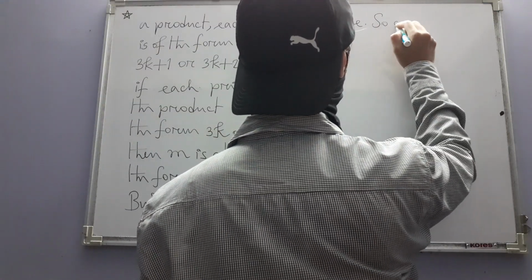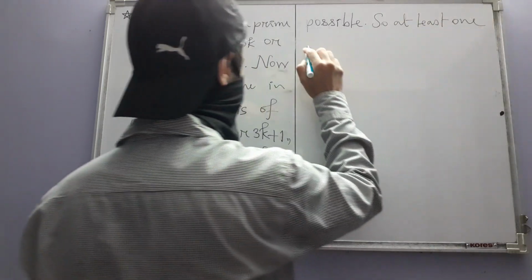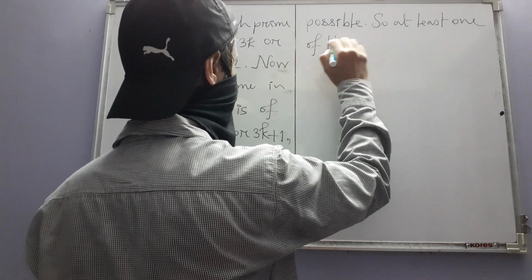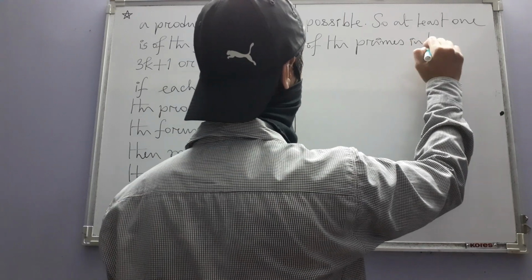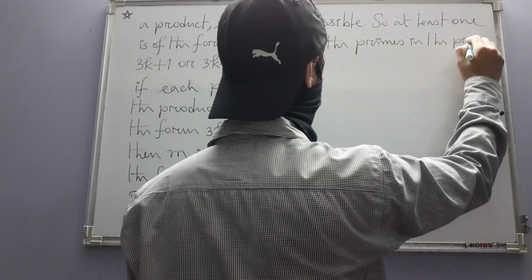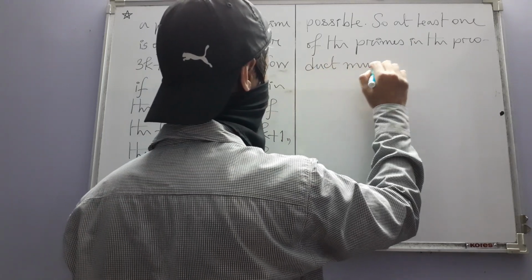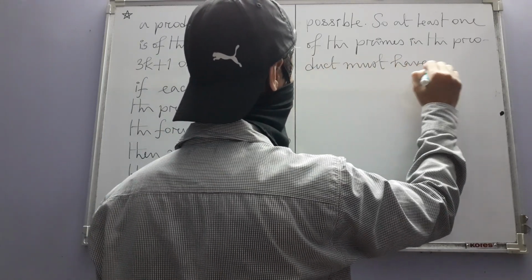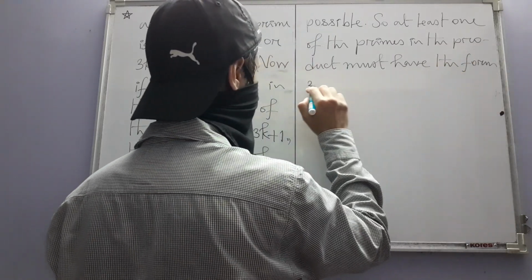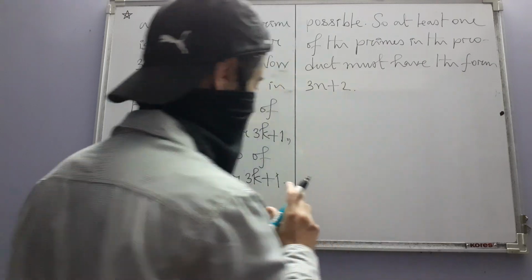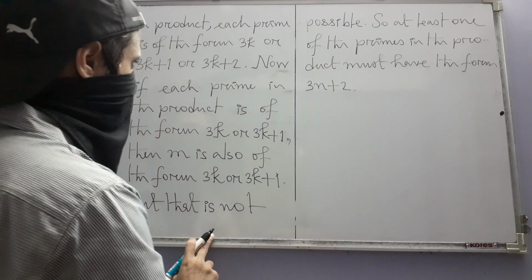So at least one of the primes in the product must have the form 3n plus 2, but there is one more maybe a source of doubt.